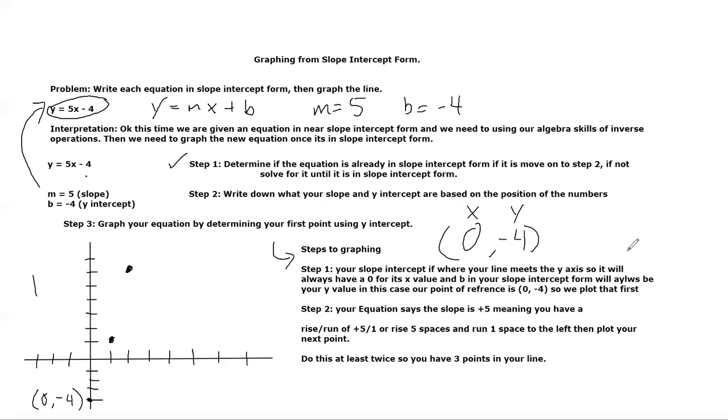Lucky for us, I already have a graph here, and I already graphed it for you. 0, -4. You always start at the origin and you go down, because the -4 means that you're going down here, right? This is a -1, -2, that's a -3, and I don't have room, but that's a -4 down there. That's where that dot is, right?